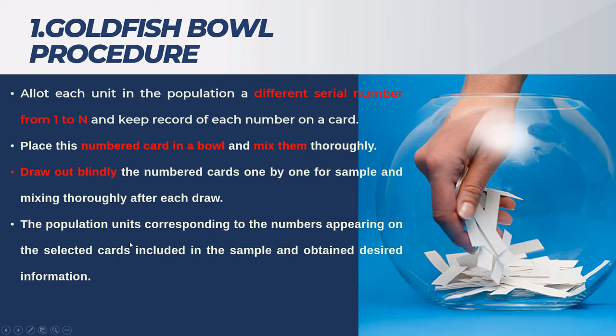Population units corresponding to numbers appearing on the selected cards are included in the sample and obtain desired information. So follow this procedure, you can obtain your required sample and you get your required information from this sample.